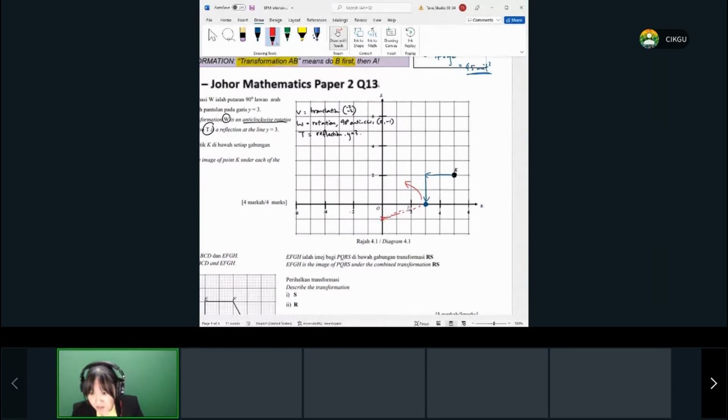But I think 3 boxes here, turn this way, 3 boxes here. So from (3, 0), it will turn to here already. Done. That's our final answer.